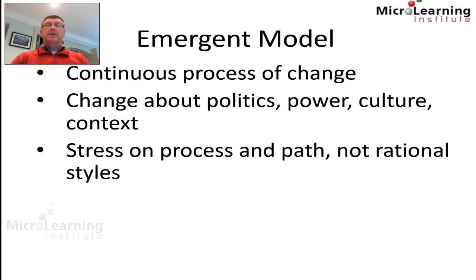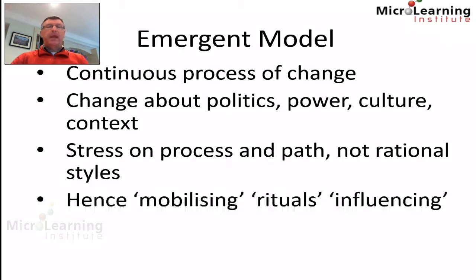So here, in delivering change, the stress is put on process and path and not on the rational style approach. Hence, we use language like mobilizing resources, we change rituals, and we look to influence the politics, the power, the culture of the organization.